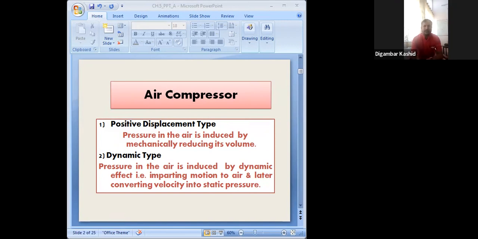Now, let us start with the first point, the most important element of the pneumatic system, which is the air compressor.